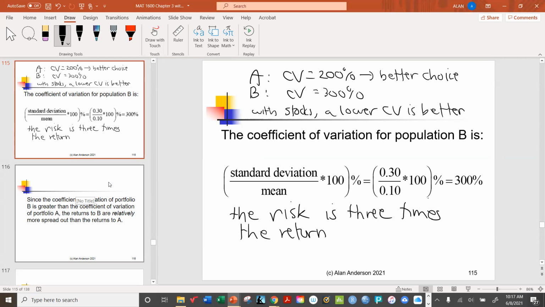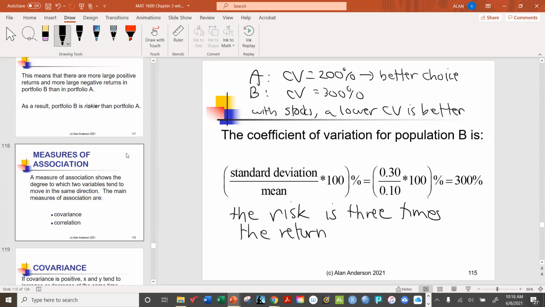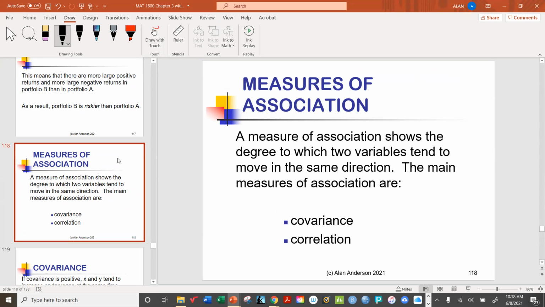But the point is that the measures of dispersion explain how spread out the values are relative to the center. So the third and final set of measures that we want to consider are designed to help us understand the relationship between 2 different samples or populations. These types of measures are known as measures of association.